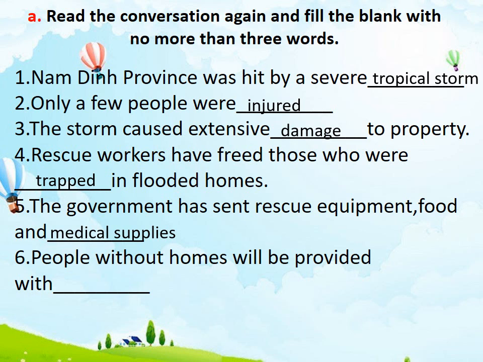Number 6, people without homes will be provided with temporary accommodation. There are just 6 sentences here, and I think the task is not very difficult for you. So how many right answers do you have in task A? Okay, now finish task A. Let's move to the next task.